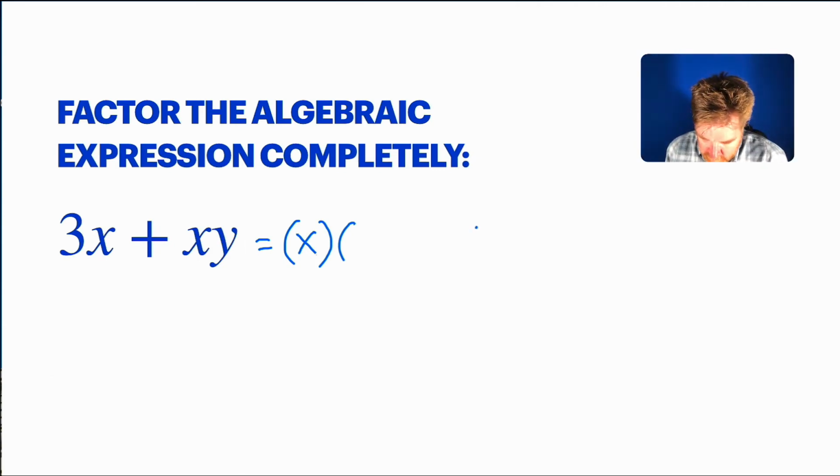All right, so what would be left? x times what will give us 3x? Well, what haven't we accounted for in that first term? The 3. Good. 3 plus, we need that to get the second term, plus what's left in the second term? x times what? Well, it's got to be that y, right? There it is. Beautiful job, okay? That's pulling out a common element or a common factor.